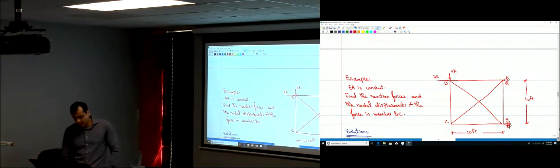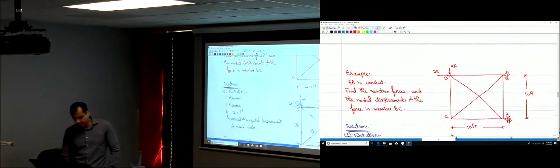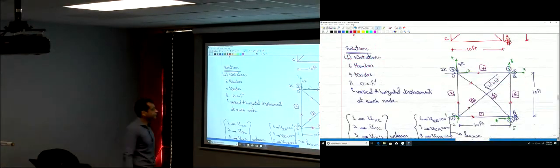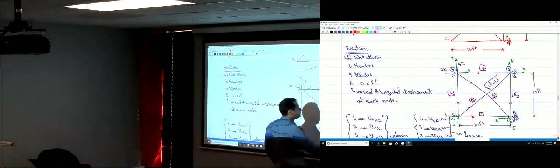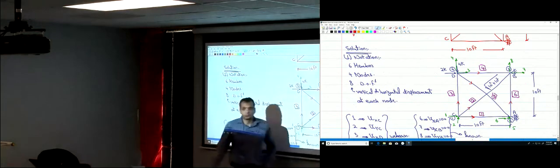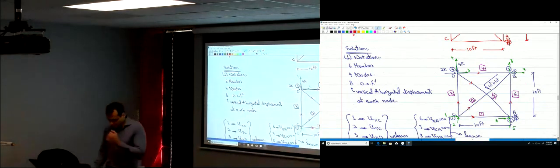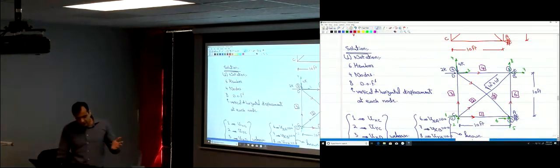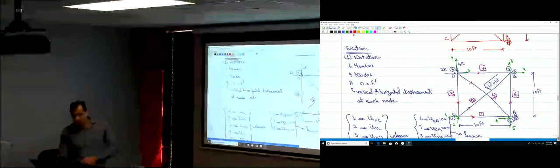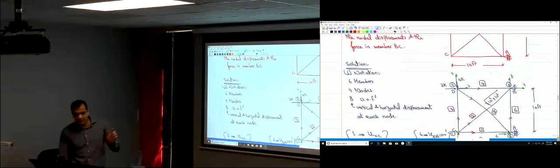Okay? And then the fifth degree of freedom. The fifth degree of freedom is the vertical one here. Is there a vertical force here? No. So we have 0, 0, 2, negative 4, 0. Okay? And then the last three, 6, 7, and 8. 6 represents what?